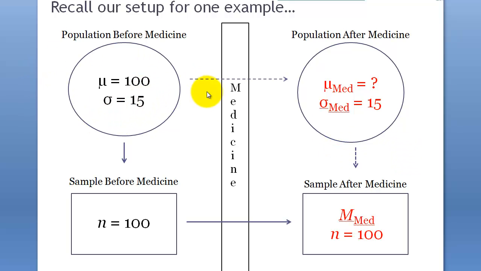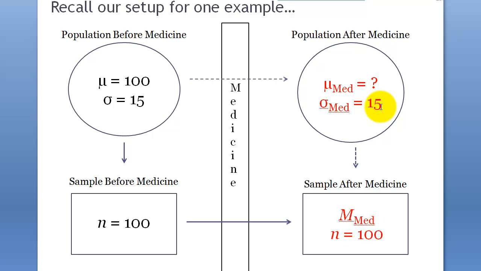Okay, this is a population parameter, and this is pre and post, post intervention, and the mean mu we don't know, but we assume that the standard deviation didn't change.